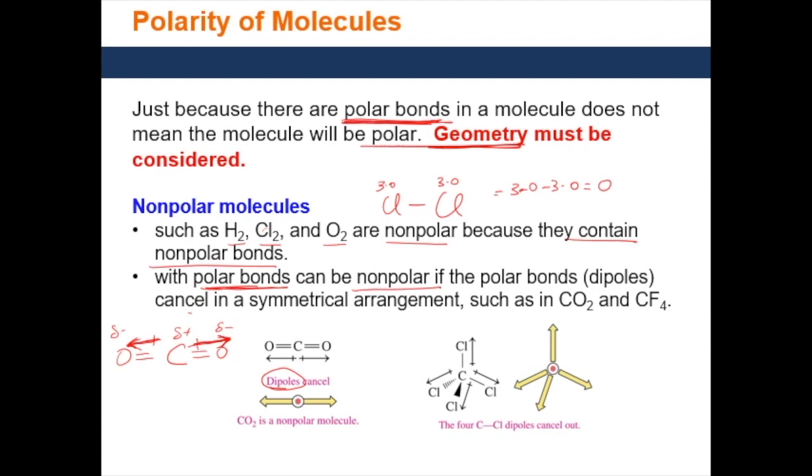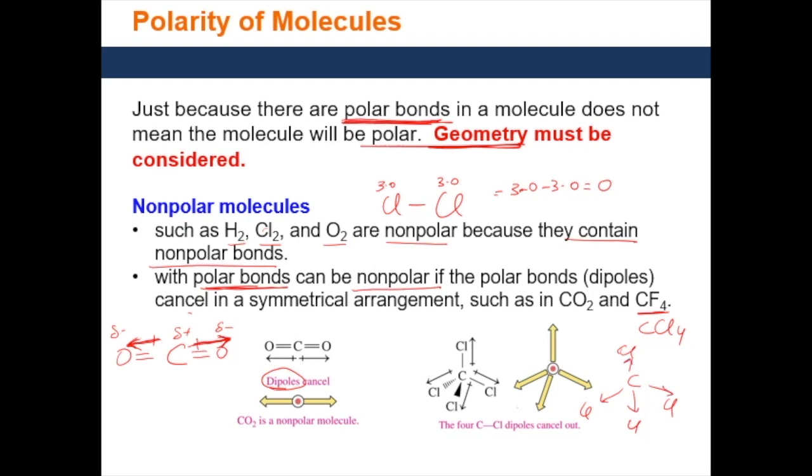Similarly, if we talk about a molecule like CF4 or CCl4, like shown here, the carbon is bonded to 4 chlorine atoms in this form. So the shape is tetrahedral. All these 4 are pulling the carbon towards themselves.